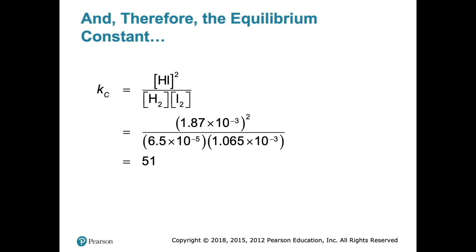And then we have the concentrations of both hydrogen gas and iodine gas from the bottom of the ICE table. Just to remind you, this is the H2 concentration at equilibrium, this is the I2 concentration at equilibrium, and this was the HI concentration at equilibrium. And you just do that math.